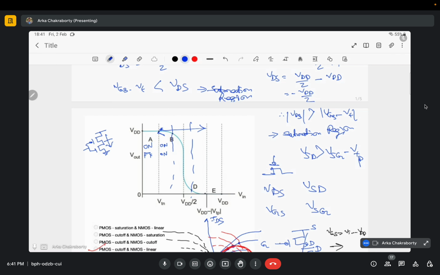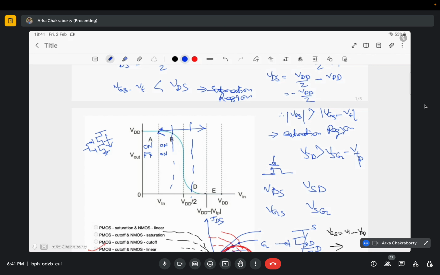This is called dynamic power, because during switching operation, when my input voltage is increasing, at some transition point, as both NMOS and PMOS are conducting, there will be some direct path, and it will lead to dissipation of power. It is called dynamic power.